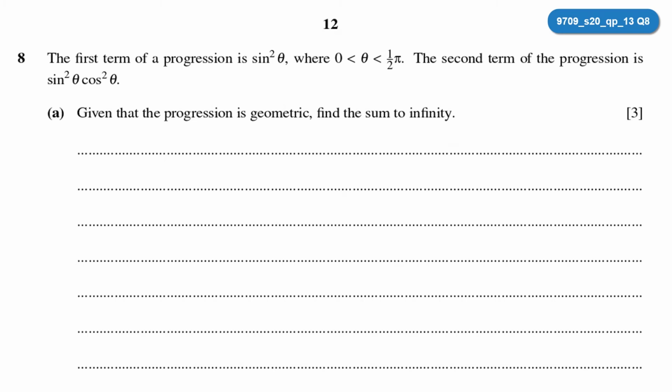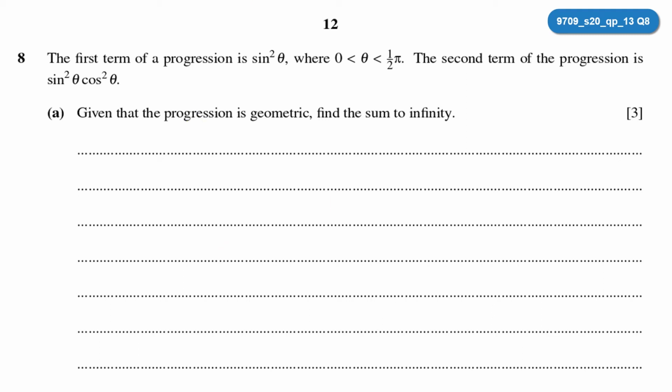The first term of a progression is sine squared theta, where theta ranges between 0 and a half pi. The second term of the progression is sine squared theta cos squared theta. So on A, given that the progression is geometric, find the sum to infinity.